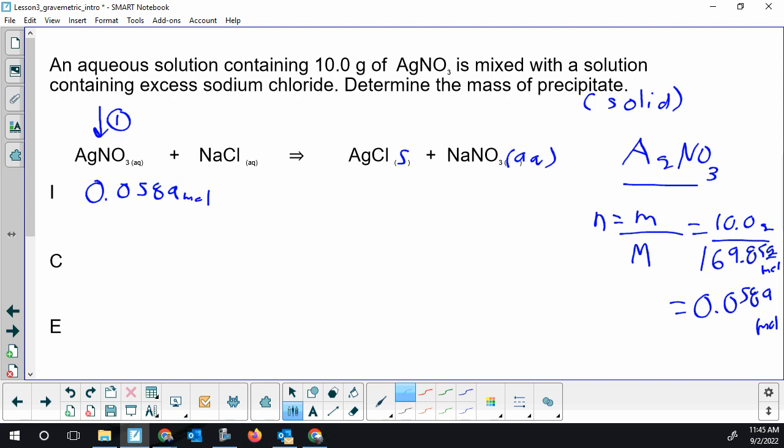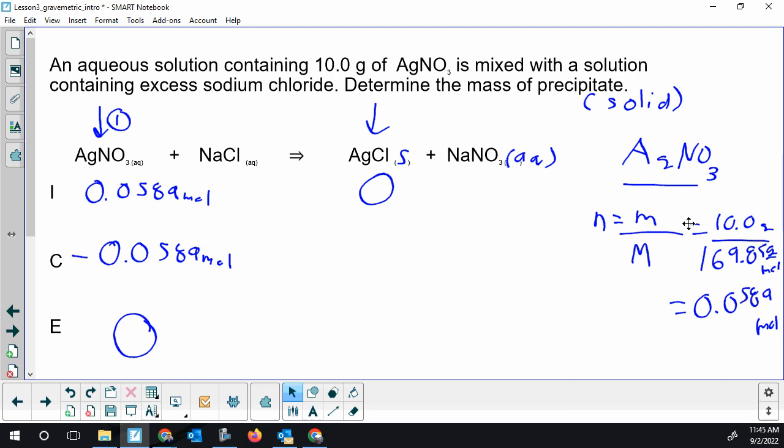And all of that silver would go away. I want to get to the precipitate, which is silver chloride. And this is a 1-to-1 ratio.